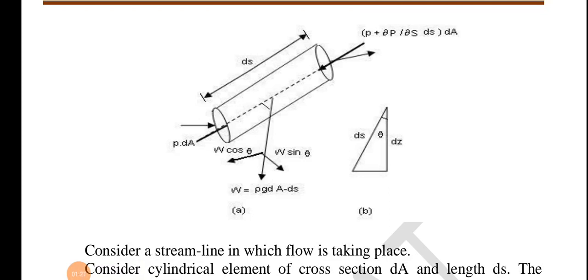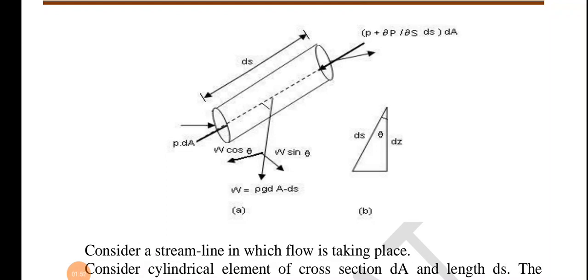So if flow takes place, then some amount of pressure will be acting at that inlet point. So we can write it in terms of force. We have to multiply that pressure intensity with the area of the stream tube. So at inlet point 1, the total acting force will be P into dA.